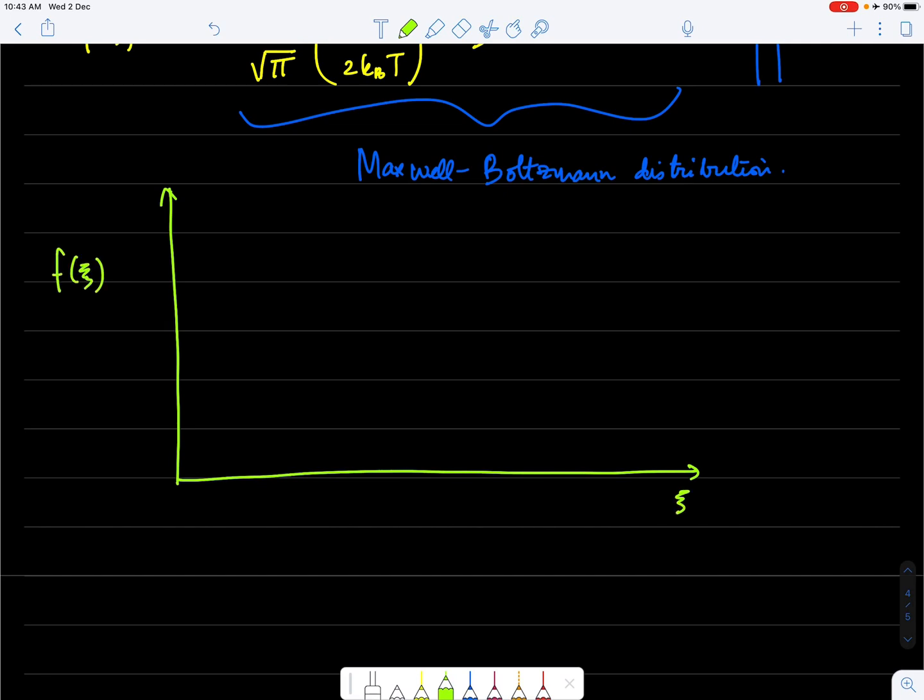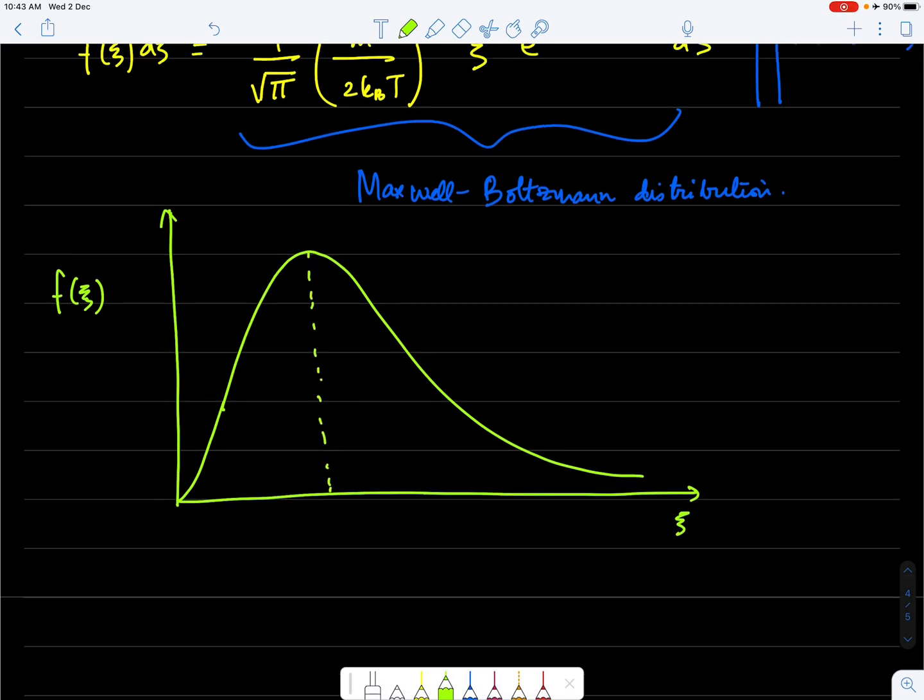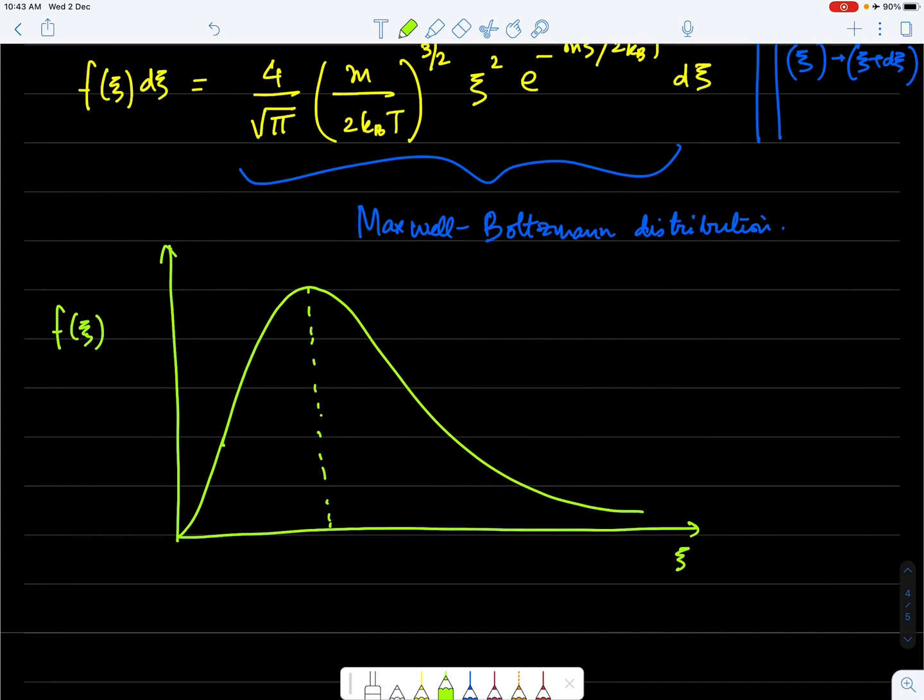So this function shows a behavior of this type, with a maximum value which you can determine by taking the derivative of f(ξ). Let me say this is the value of ξ corresponding to the maximum value of f.